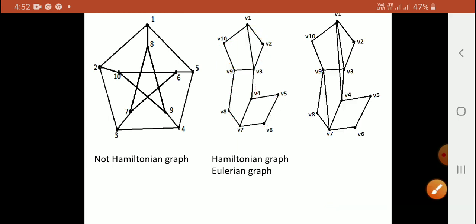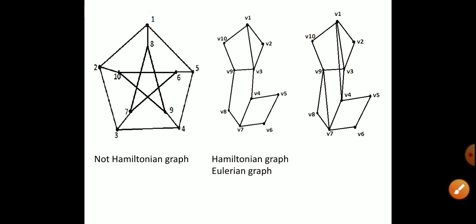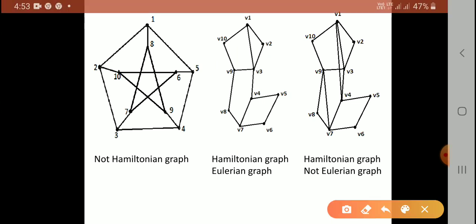Okay. Now see one more graph. Now this graph is a Hamiltonian graph, but it is not an Eulerian graph. Check it.